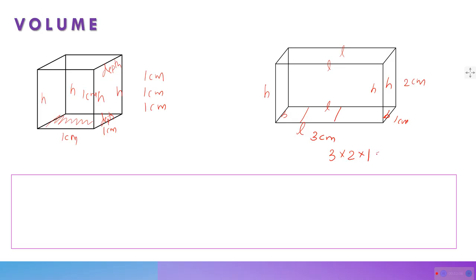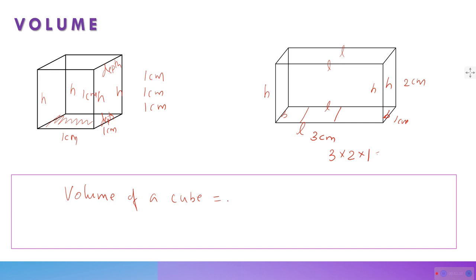This much of space it occupies, and this is the way by which we calculate the volume of a cube and cuboid respectively. In the case of a cube, the volume can be calculated by multiplying length into breadth into height of that cube.